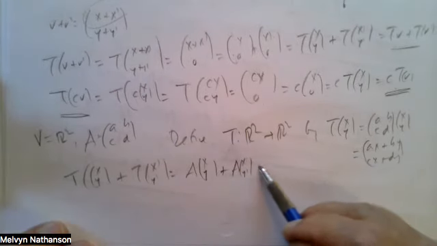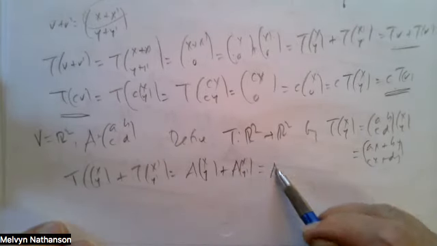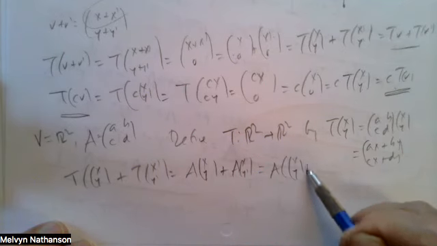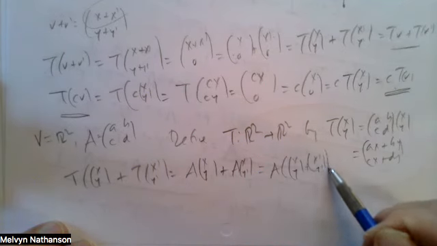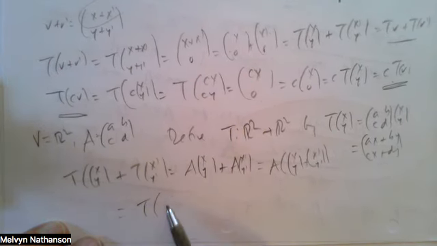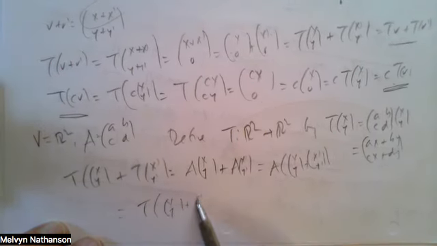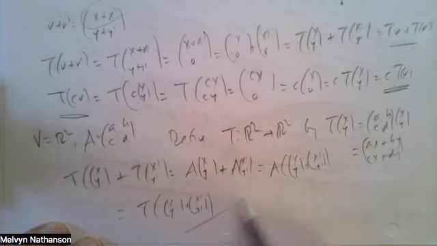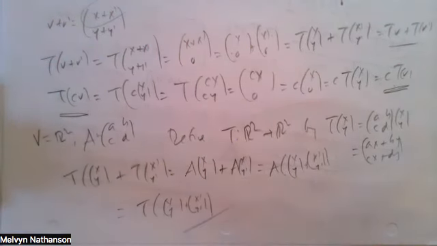But matrix multiplication is distributive, so this is A times the sum (X,Y) plus (X prime, Y prime), which is T of (X,Y) plus (X prime, Y prime). So all of these verifications are somewhat tedious, but it's good to be able to check them, and they're all worked out very explicitly in the text.